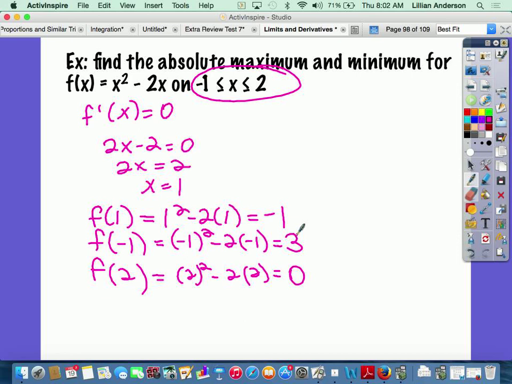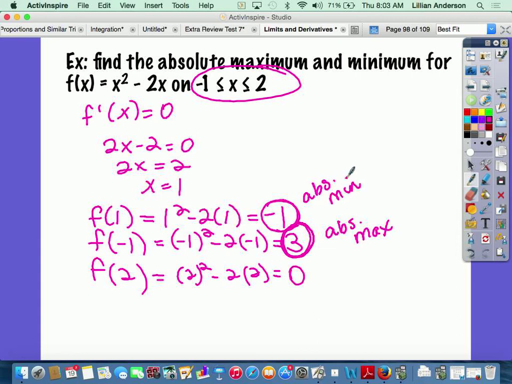Since 3 is the highest value I have, that means there is an absolute maximum that occurs there. And since this negative 1 is my lowest value out of the 3, that means I have an absolute minimum.